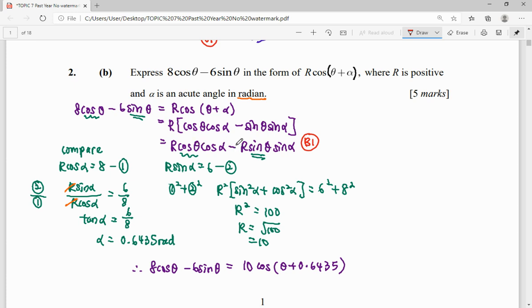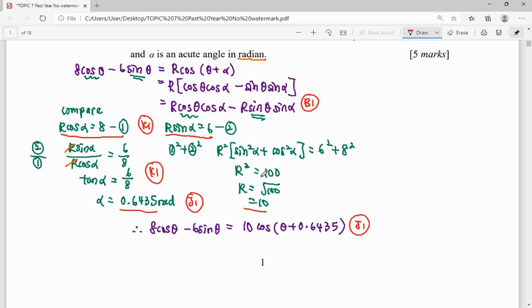As we can get this expansion correct, then we can build out our two simultaneous equations in order to find out what is our unknown r and our unknown alpha. So solve the equations, then we can get these two answers. So finally, express it in the format as the question asks us to do, which is r, compound angle, theta plus alpha. So this is our 5 marks here.